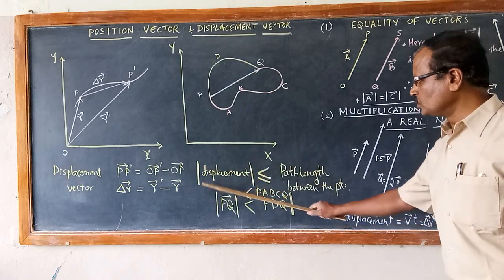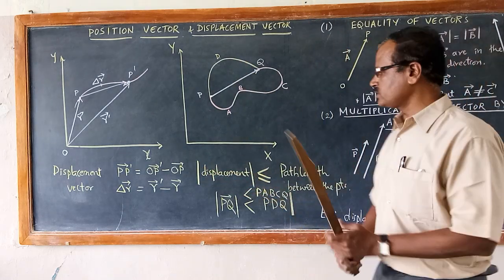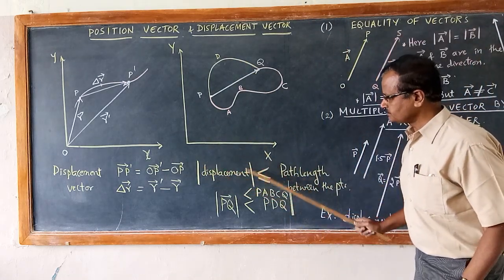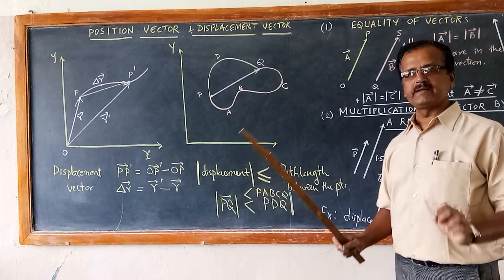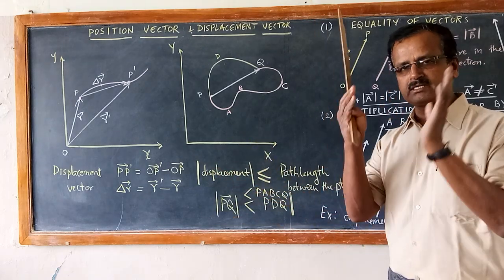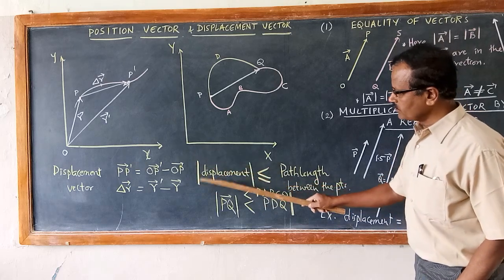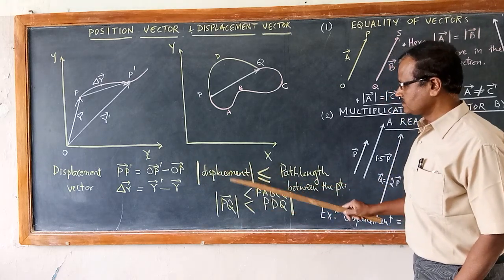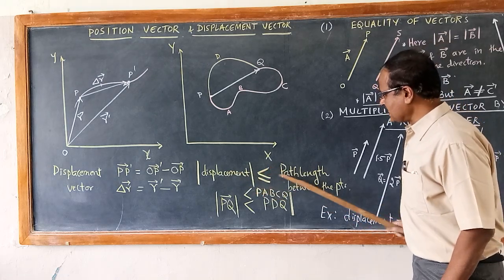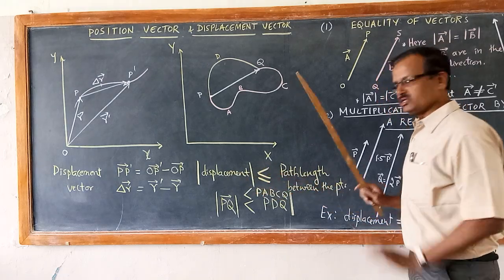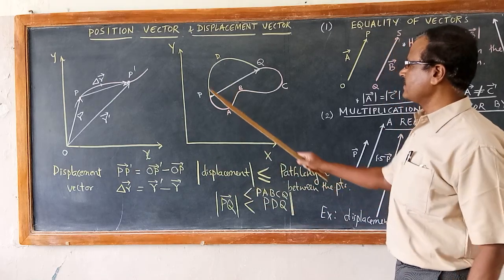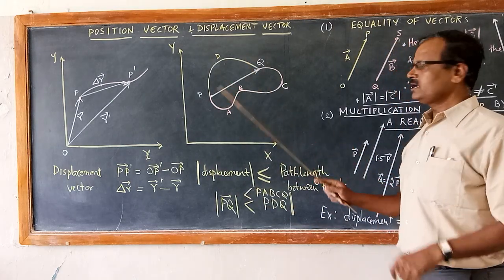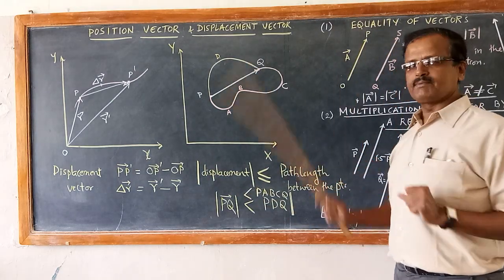This magnitude of displacement is denoted by the modulus symbol. In mathematics, you are learning modulus. Modulus means it is always a positive value. The magnitude of displacement vector PQ is less than the path length or at the most equal to the path length. This is evident from this diagram.